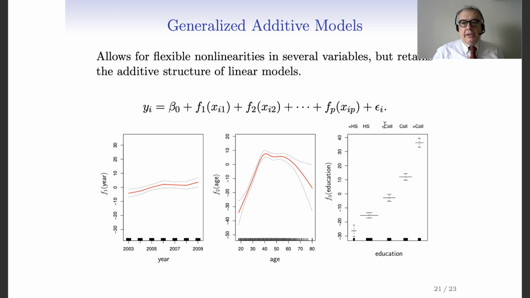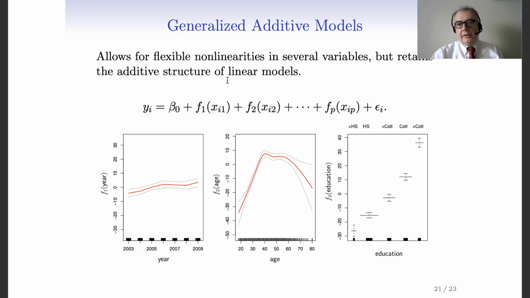But how could I retain the advantages, the simplicity, the ease of interpretation of linear regression, and at the same time introduce the flexibility I need? The answer could be by means of the use of generalized additive models.